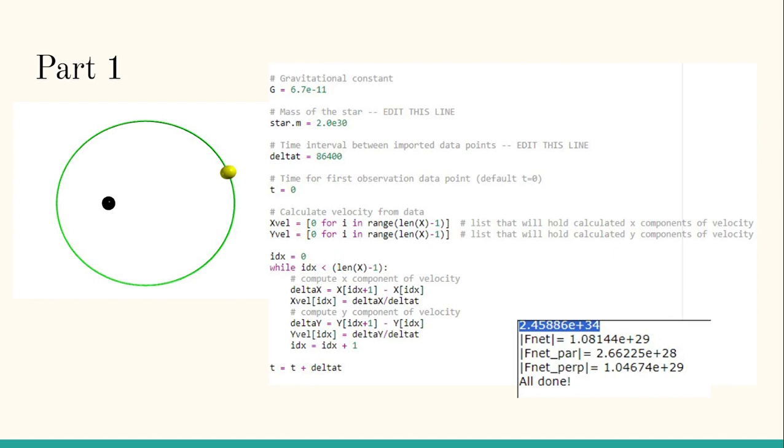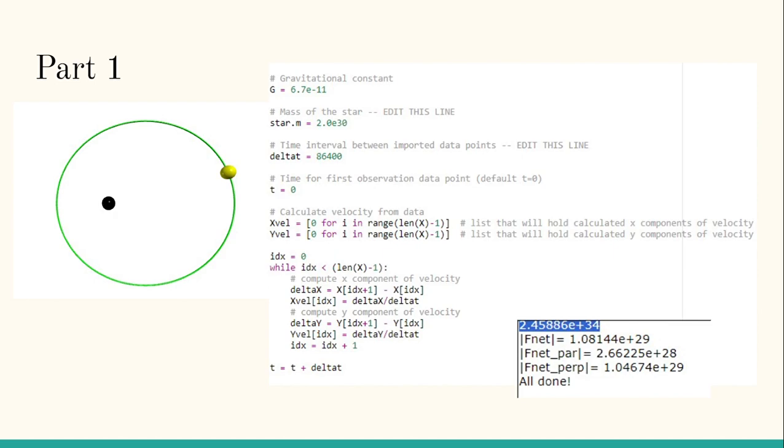So here's my experiment. For part 1, we need to find out the mass of the black hole. Here's some data we need to clarify.